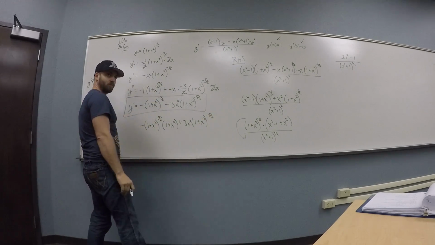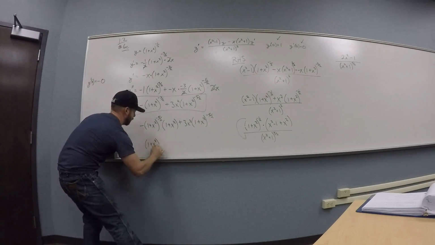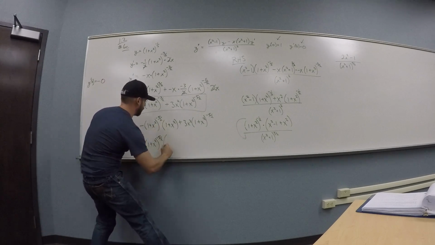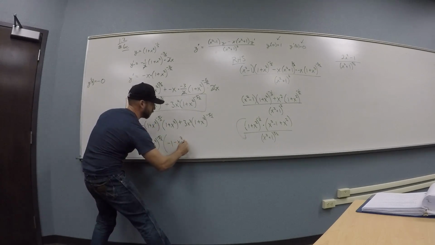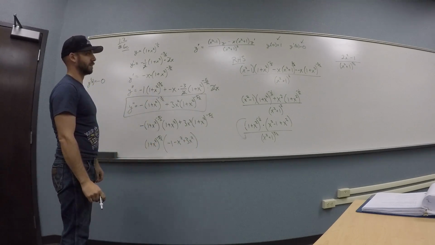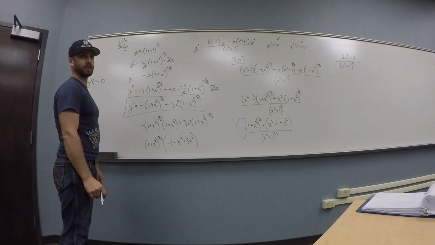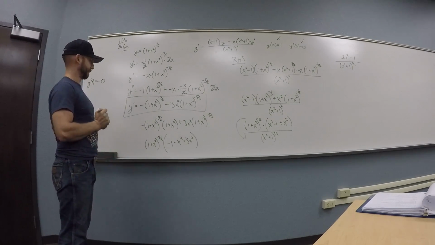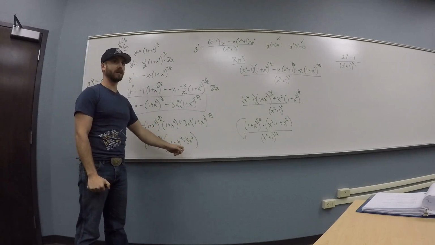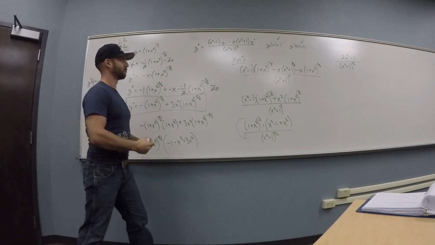I'm going to factor a 1 plus x squared to the minus 5/2 out of that, and left in there I have minus 1 minus x squared plus 3x squared. So check, those are the same, because 3x squared minus x squared is 2x squared, so 2x squared minus 1.